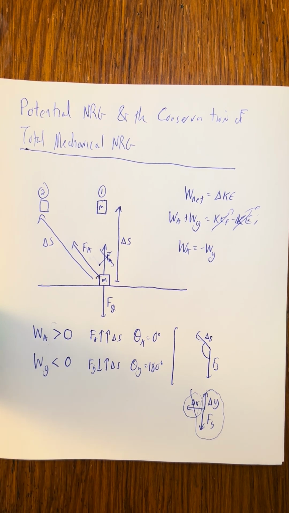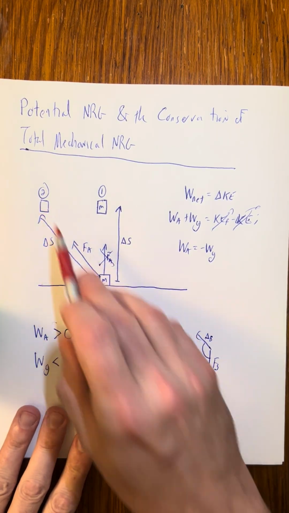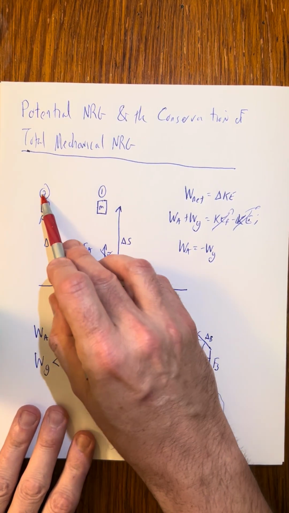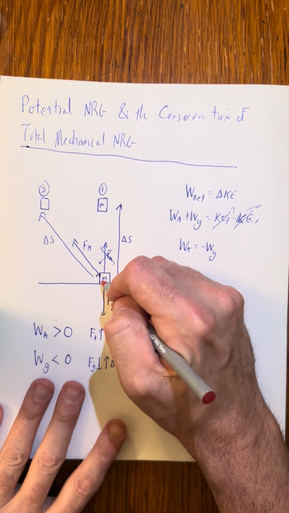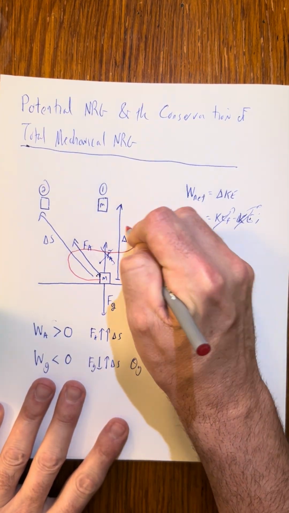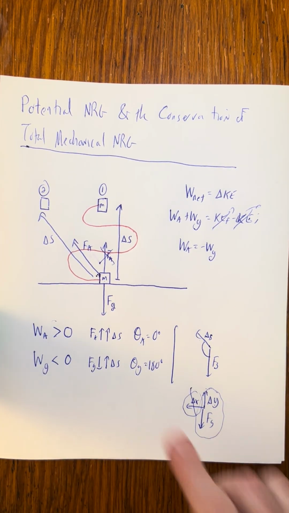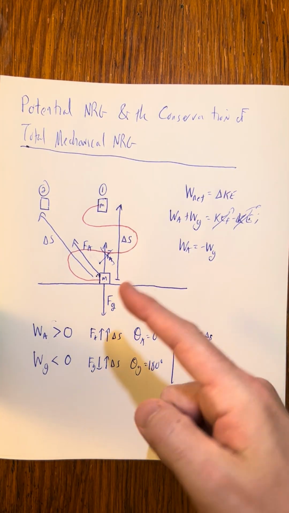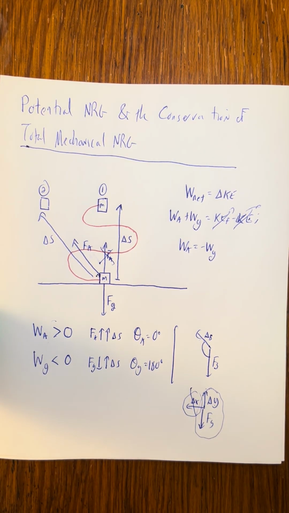And then if we start getting even more interesting, by the way, the work done by the applied force is different going from here to here rather than from here to here. But if I look at an even weirder way to get from my original position to 1, once again the applied force is going to have to change its direction all along, and then we'd have to deal with all the little bits of displacement, and the work done in that case by the applied force is going to be all sorts of wacky as well.